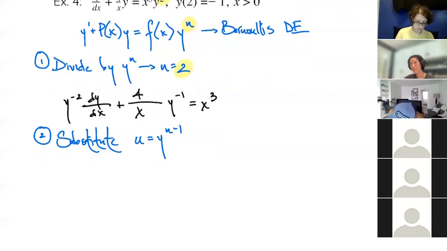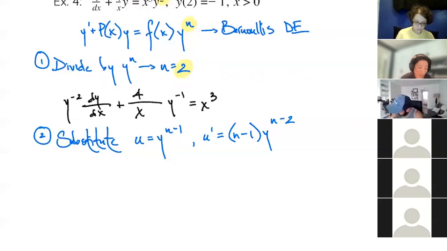Now, just like we did yesterday, we're not just substituting in u, but we also have to substitute in a du, all right? So let's go ahead and find our u prime in a general form. And it turns out we can just use power rule to find that derivative. And so we will have n minus 1 times y to the power of n minus 2. Okay, so those are sort of general form.